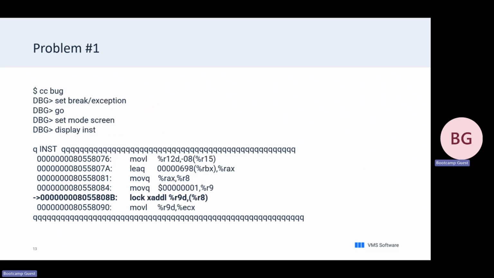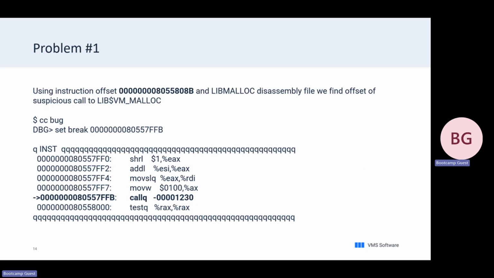And using the instruction offset and the listing file, we can find where the vmalloc call is that is suspicious to us, and we can set a breakpoint at that address.